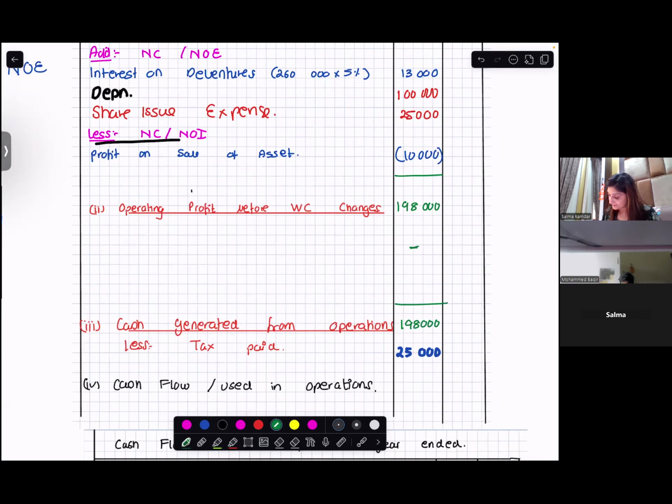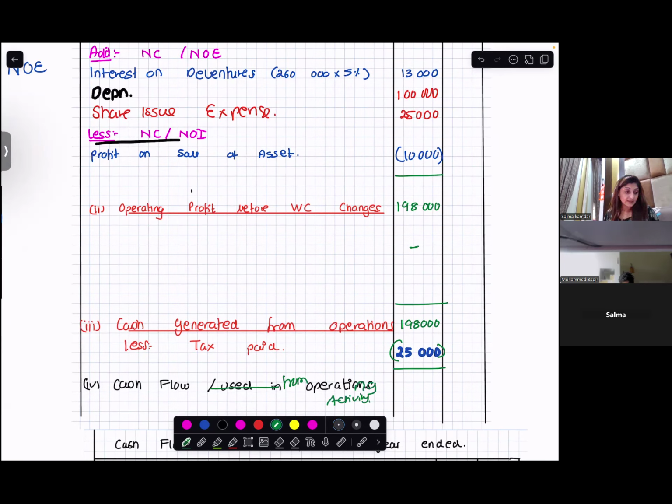Minus tax paid, 25,000. So I will get cash flow from operating activities, 173,000.